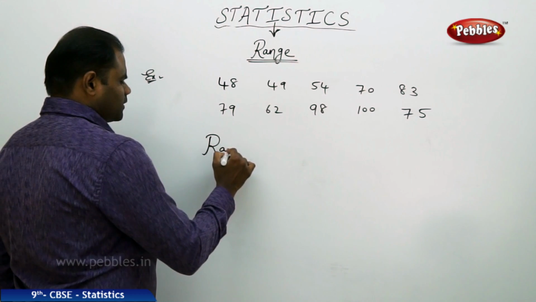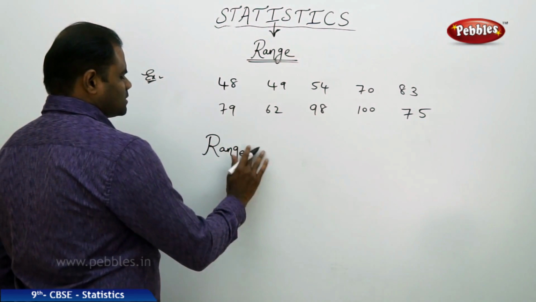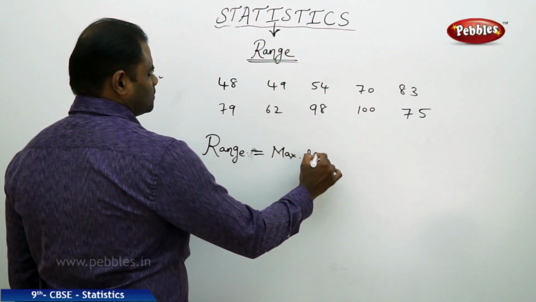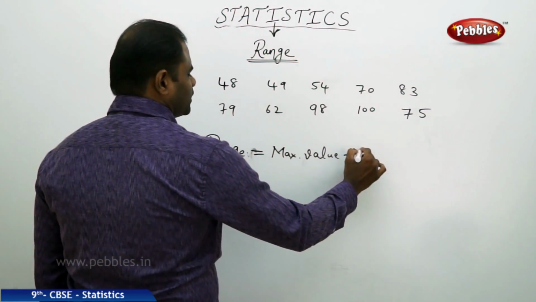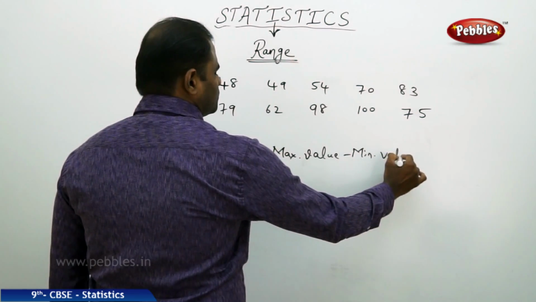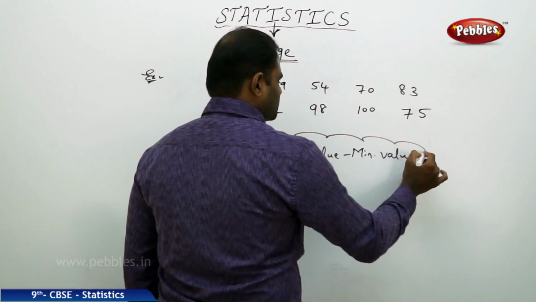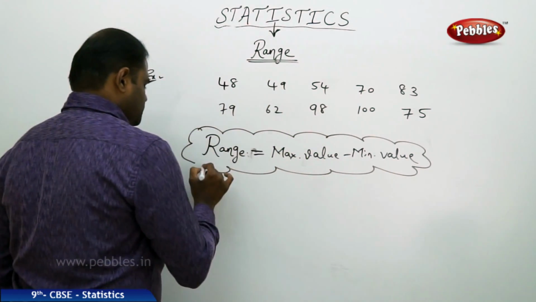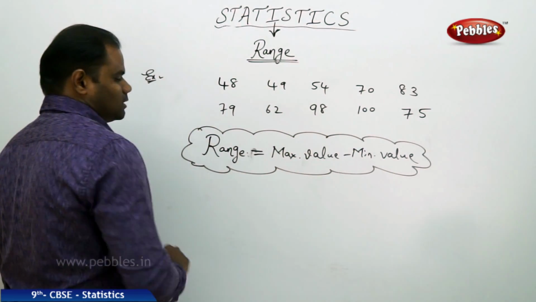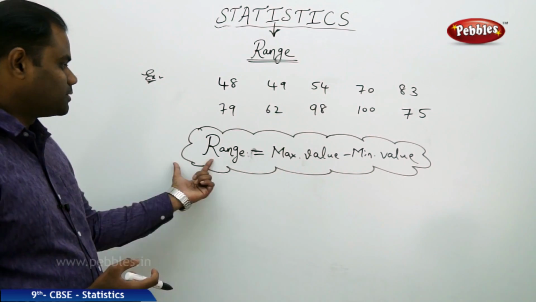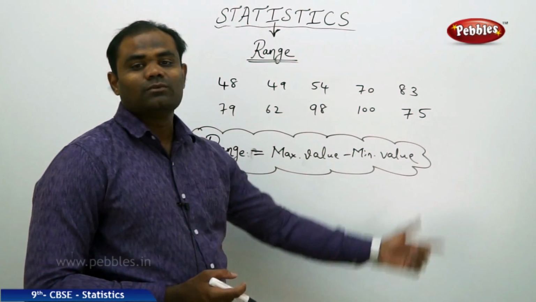So in this case, a range is understood as the maximum value minus minimum value. So the formula for range is max value minus min value.